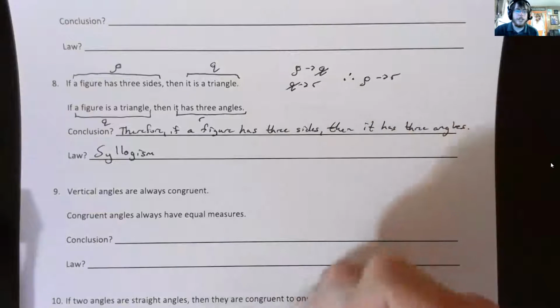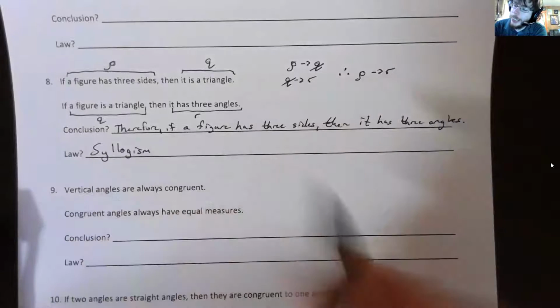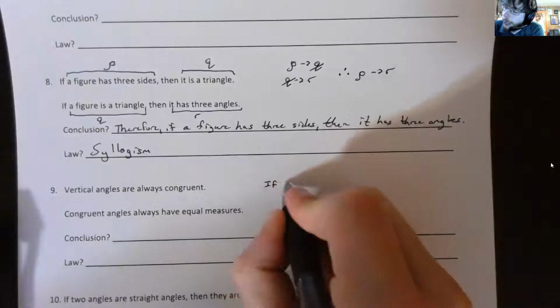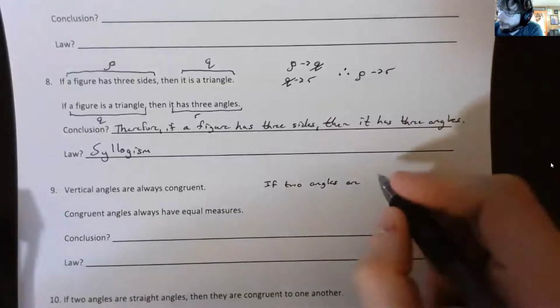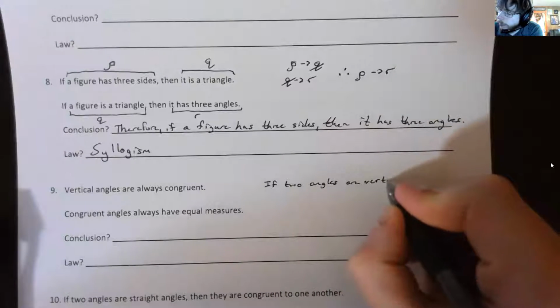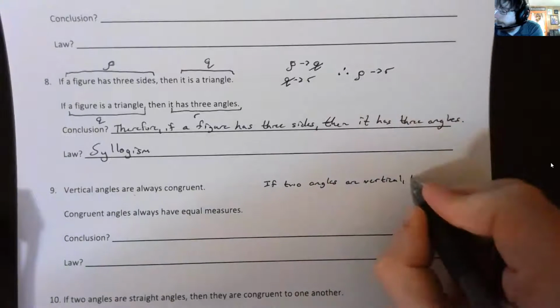So it says vertical angles are always congruent. So the subject is vertical angles. So if 2 angles are vertical, then they are congruent.